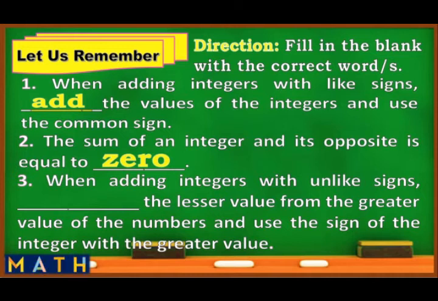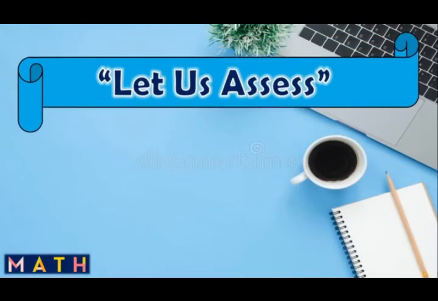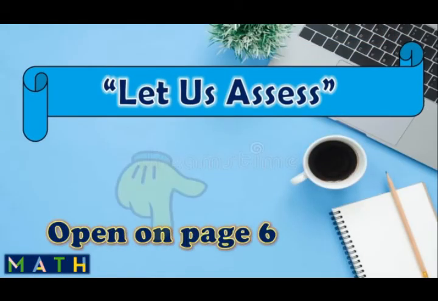For item number 3, the correct word to complete the idea is subtract. Alright, now that you are fully equipped with the significant concepts from our lesson, it's time to evaluate your level of understanding from our lesson today. I am confident that you can do it, so get yourself prepared.